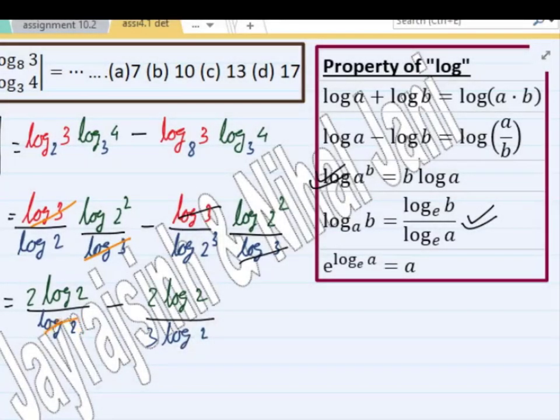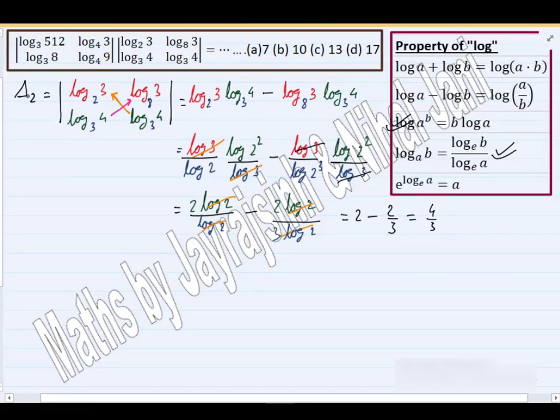So again log 2 and log 2 will cancel out, and we will get 2 minus 2 by 3, which is 4 by 3. Yay, we get the value of delta 2.